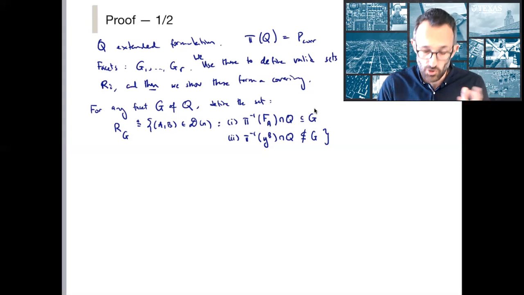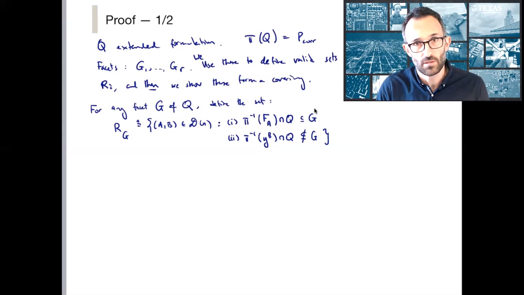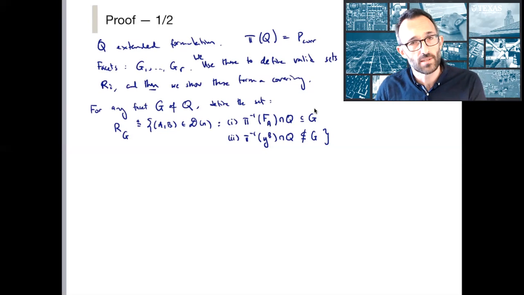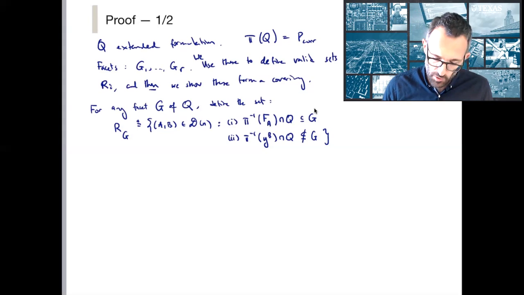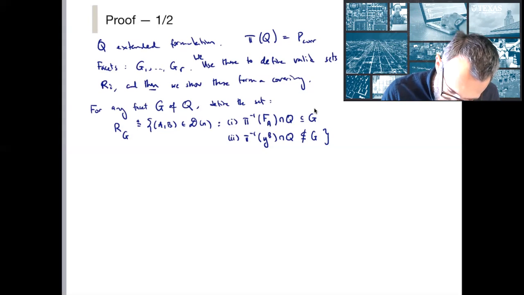So there's two things we need to show. First, we need to show that R_G defined in this way is valid. And secondly, that the union of R_G1, R_G2, etc. up to R_GR form a covering of D of n. And that will conclude what we want to prove. So let me write that down.